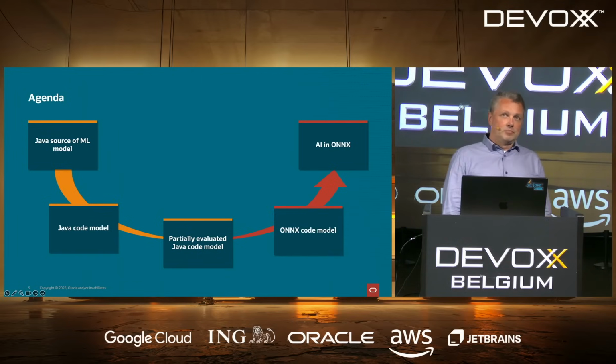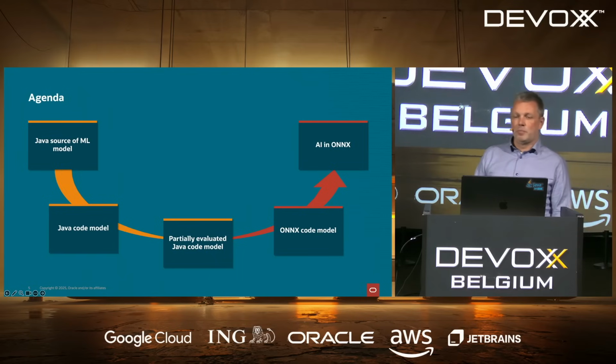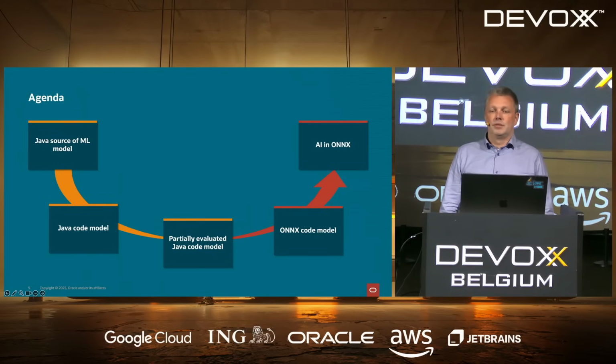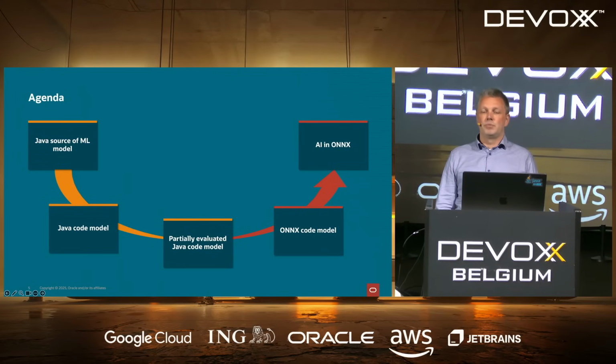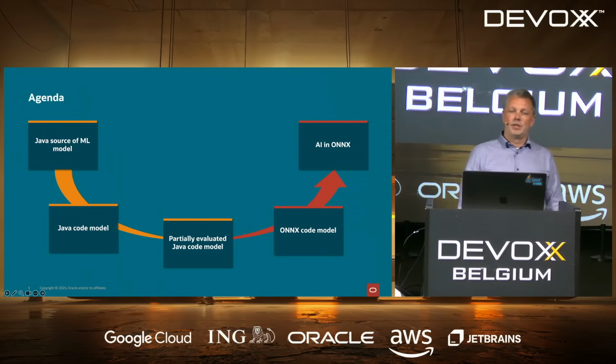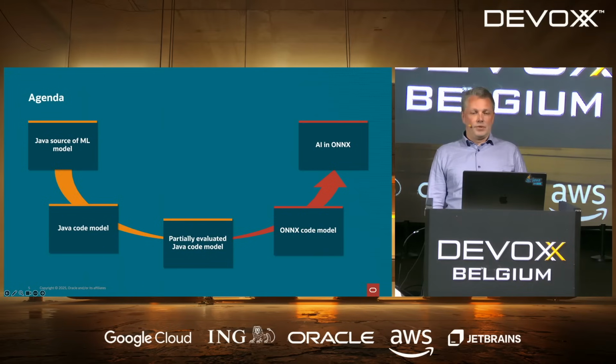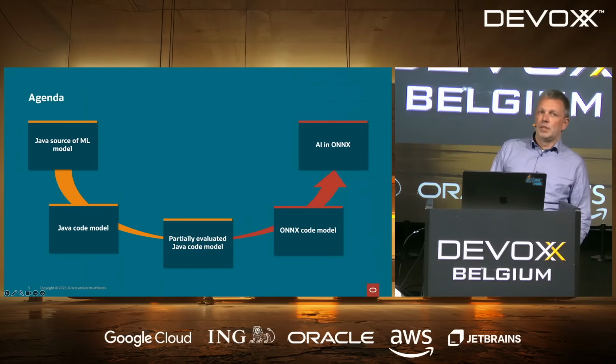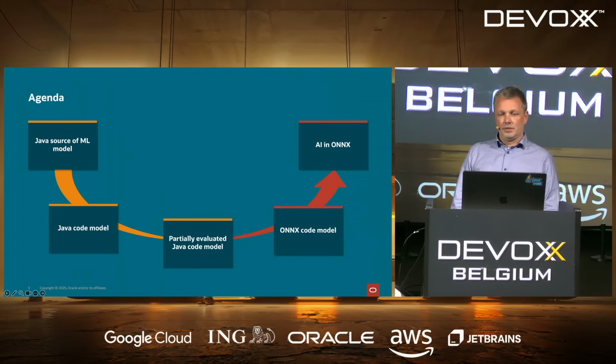Then we'll leave the Java space and show you that code models can also model foreign programming models. In our case, it will be ONNX. If you are unfamiliar with ONNX or any of the technology, it doesn't matter, and I will try to explain it step by step.